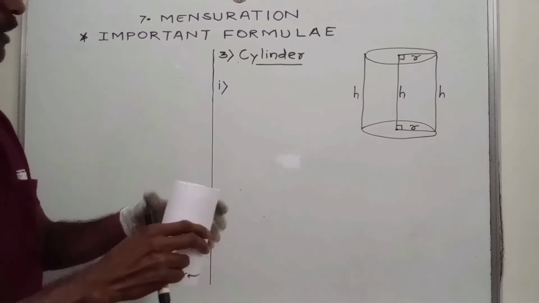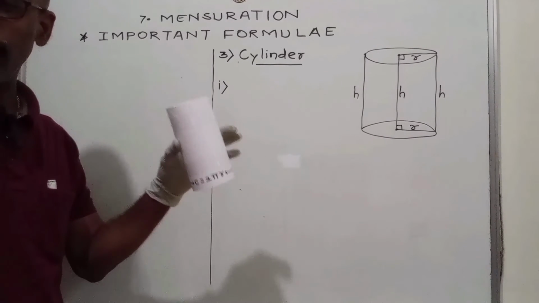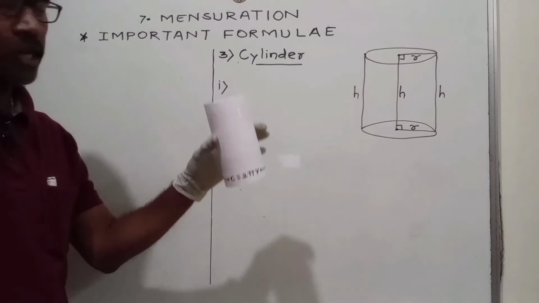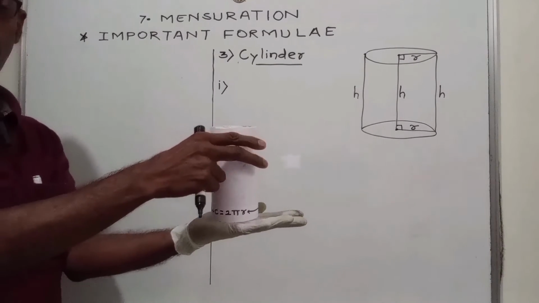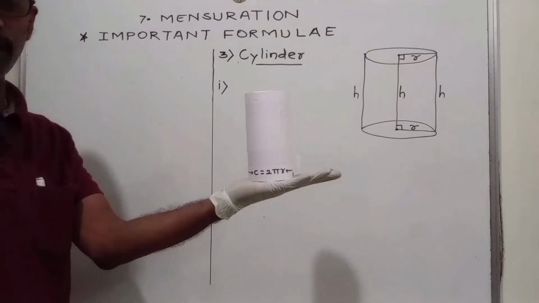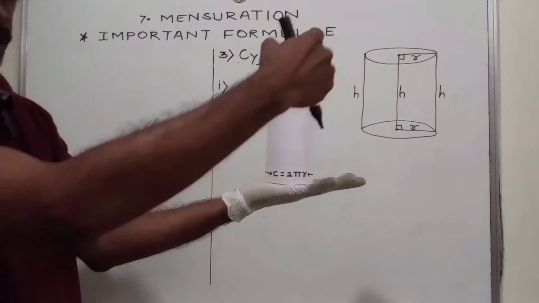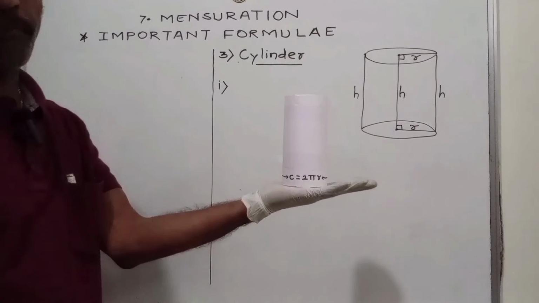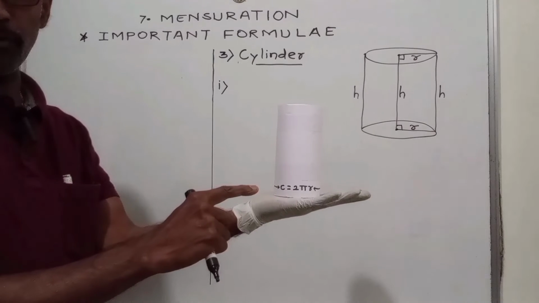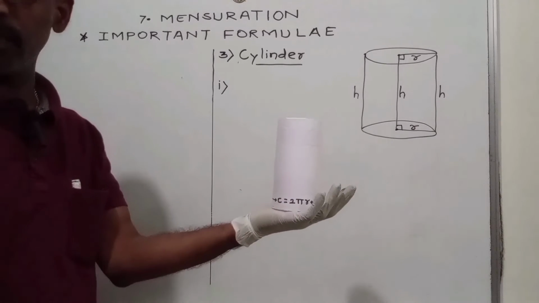See this. This is a right circular cylinder. Why do we say right circular cylinder? Because when we keep it on any flat surface, this surface is perpendicular to the palm or any other surface.